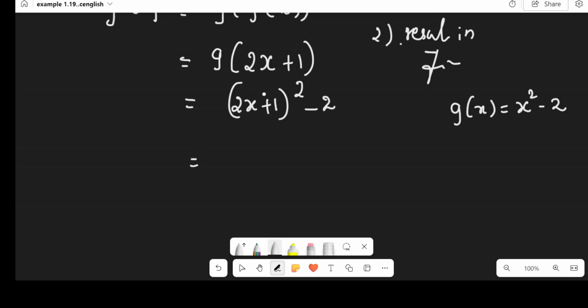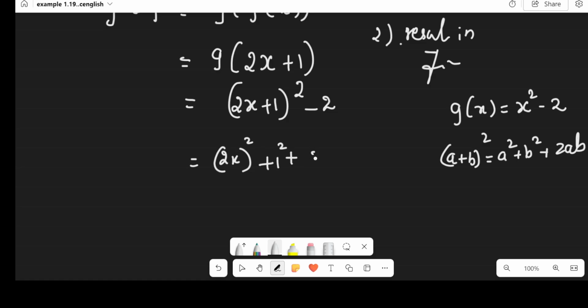This is in the form of a plus b the whole square, so we can write a square plus b square plus 2ab. Applying the same formula, what would be the answer? 2x square plus 1 square plus 2 into 2x into 1, and this minus 2.